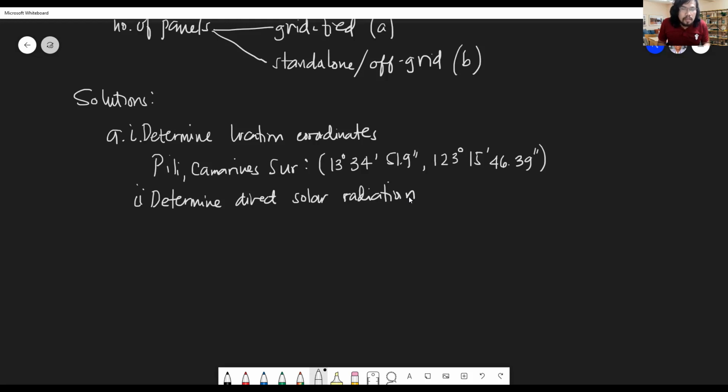With regards to the solar radiation, it actually varies depending on the location. So it's the geographical position, and also the latitude, and also the azimuth and the time of the day.